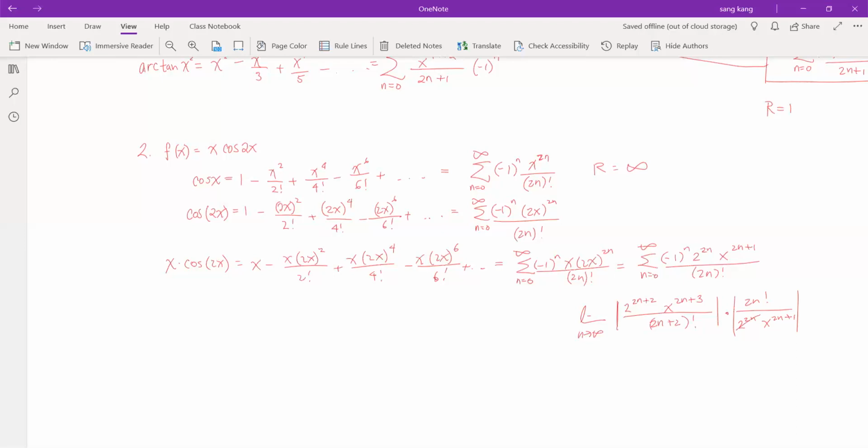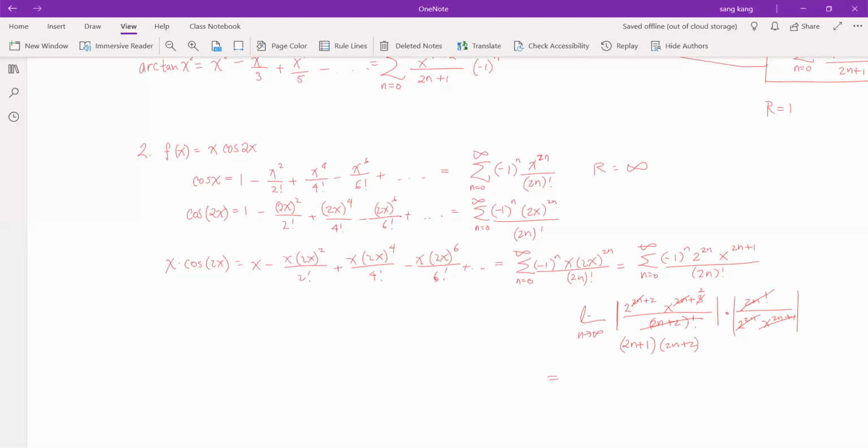So let's cancel this out with this, and this with this. That'll leave me x squared. This 2n factorial I can cancel out with that, and I'll be left with 2n plus 1 and 2n plus 2. Because it's a factorial, that n plus 1 term generated 2 additional terms instead of 1.